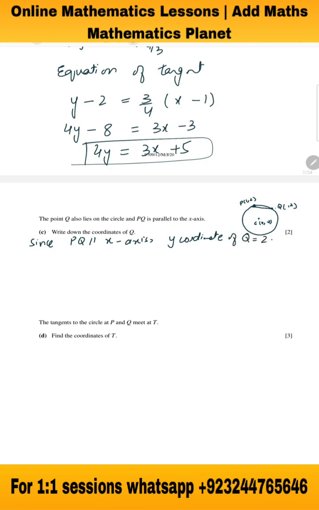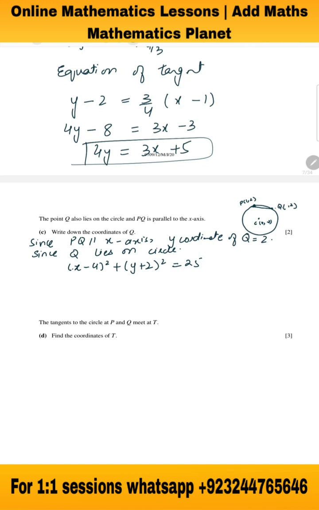So now since Q lies on the circle, we can write it as (x minus 4) whole square plus (y plus 2) whole square, which is equal to 25. This is the equation that is generated from the center of the circle.